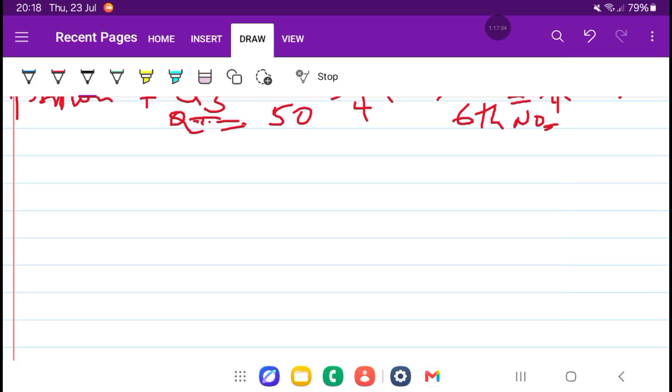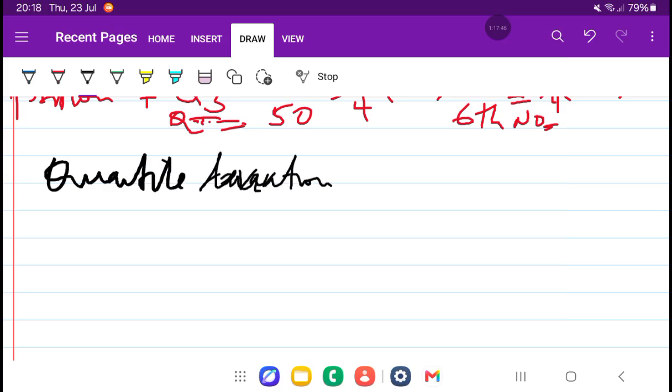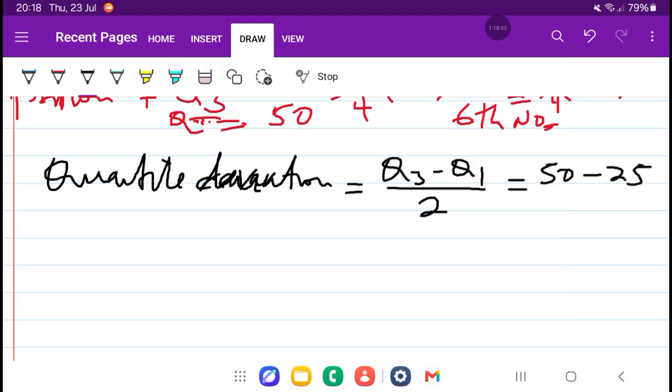So then our quartile deviation will be the Q3 minus the Q1 over 2, and our Q3 was 50 minus 25 divided by 2, and that gives us 12.5.